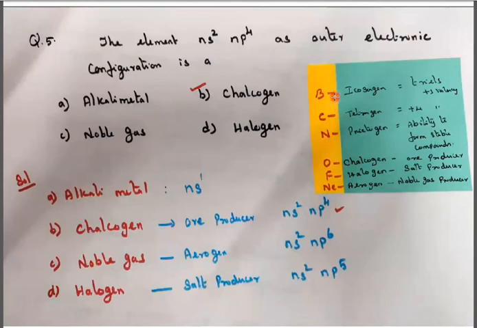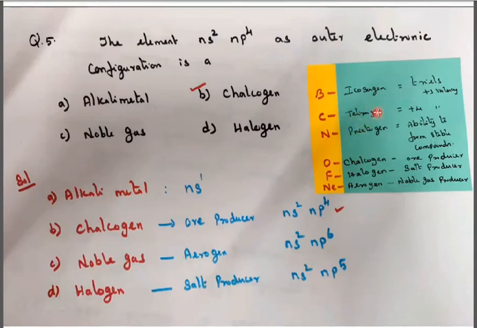The boron family, carbon family, nitrogen family, oxygen family, fluorine family and neon family all belong to p orbitals, the p block elements. In this p block, the boron family is called icosagen, which means trivalency, plus 3 valencies. The carbon family is called tetragen.